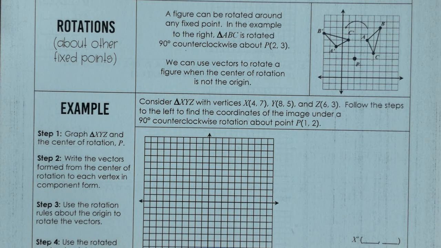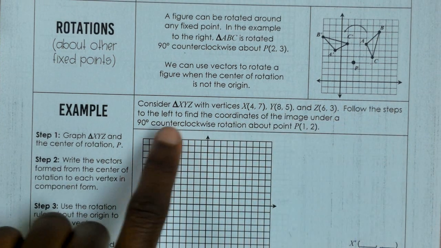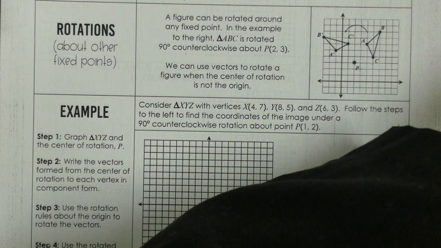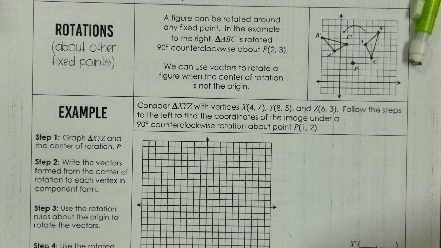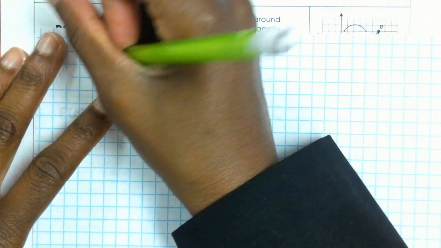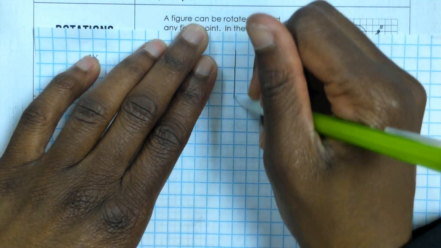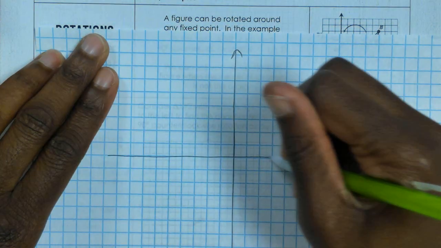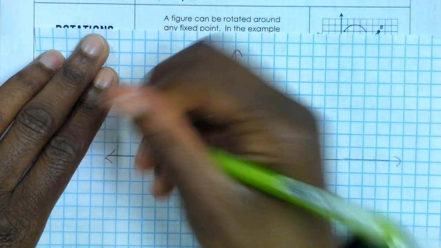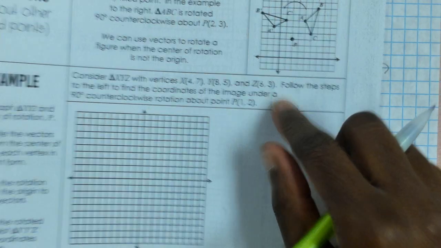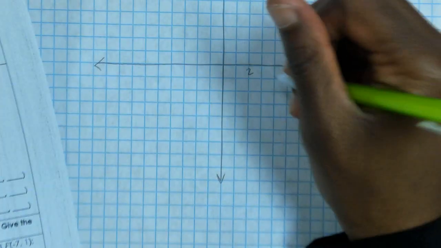So you would start off graphing these points. Okay, this one's clean. Okay, so for this example, I'm going to get these points graphed really quickly and labeled.